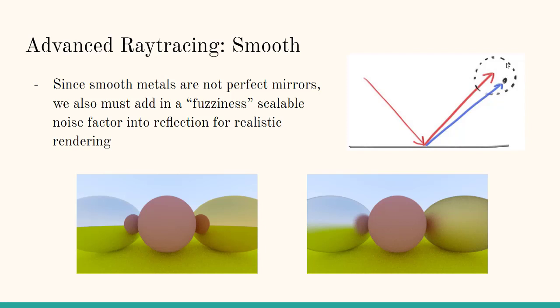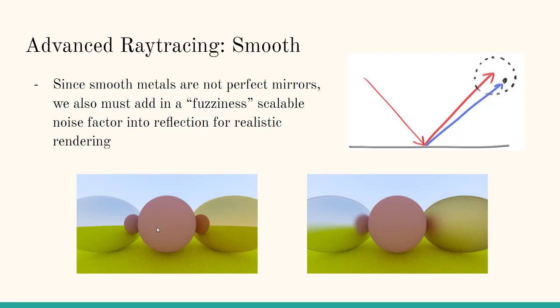We can use, again, the same rejection sampling technique around the direction of where the actual reflected vector is. And that will give us a bit of noise to make the reflection off of a smooth metal surface look more realistic.